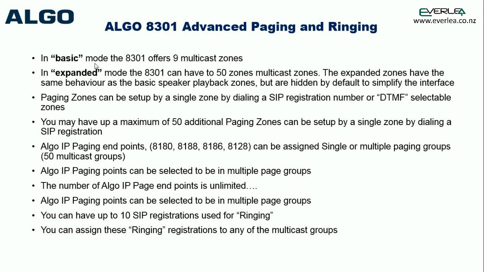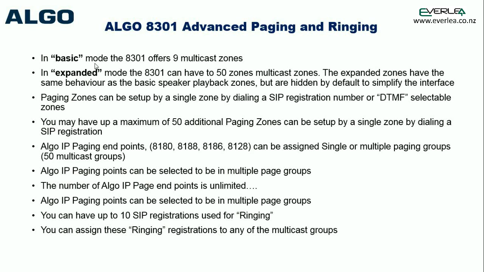You can have up to 50 zones with various speakers connected up. Paging zones can be set up by a single zone SIP registration and a number or DTMF selectable. So you dial one SIP registration and then dial a post digit using DTMF tones on your phone, and you can access it that way if you so wish.